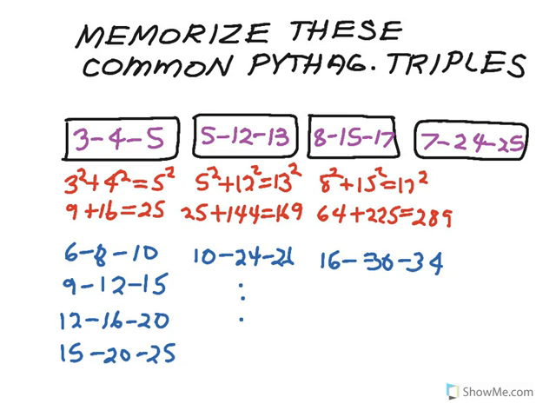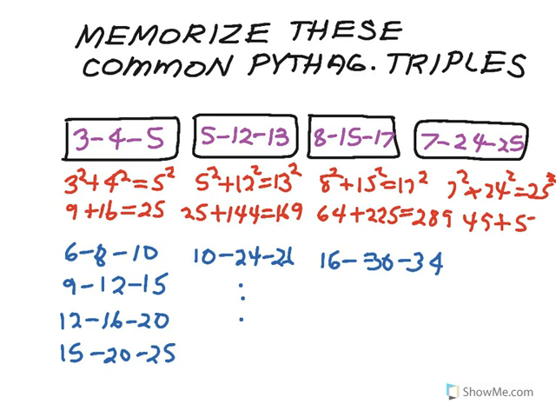Okay, and then the last is the 7, 24, 25 combination. So 7 squared plus 24 squared equals 25 squared. Okay, so 7 squared is 49, and 24 squared is 576.